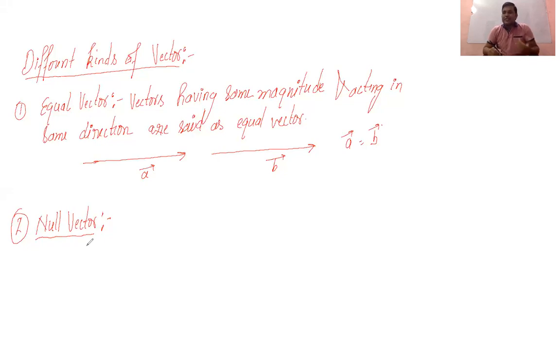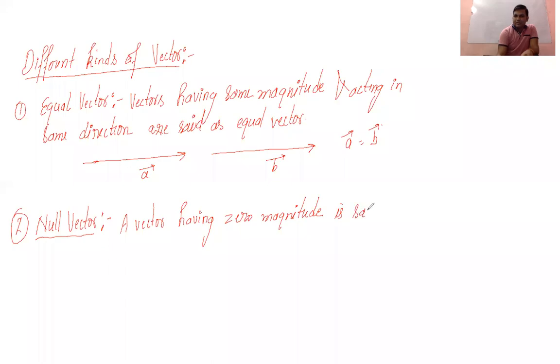A vector having zero magnitude is said to be a null vector.